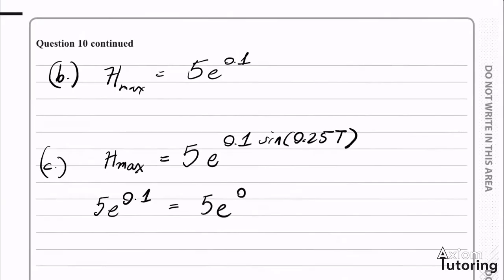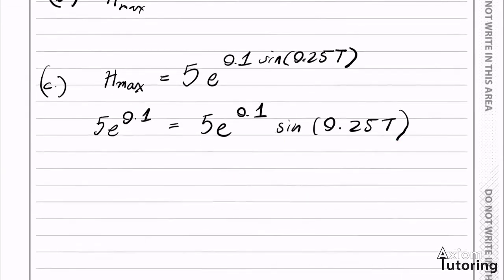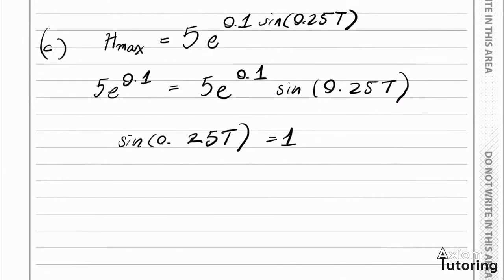So that has to be equal to the value of h max at this second time. So these are equivalent. So we know that sine of 0.25 t is equal to 1. So we're solving for t here.